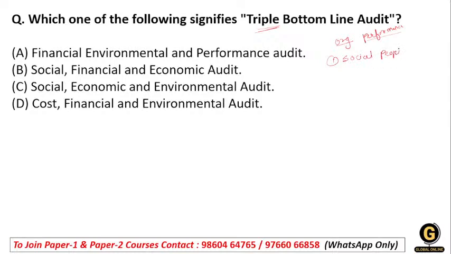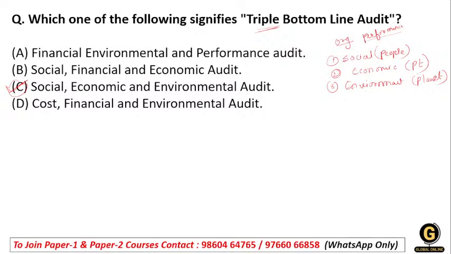First is social, that means it is related to people. Second is economic, where we consider profit. And third is environment, that means we are talking about the planet. So in the triple bottom line audit, we consider social, economic and environment. So C will be the right answer.